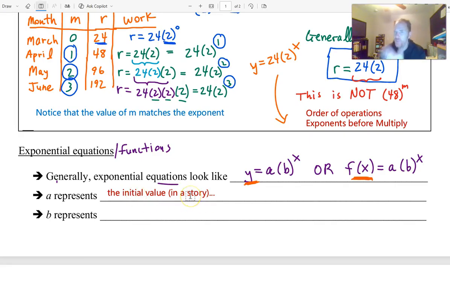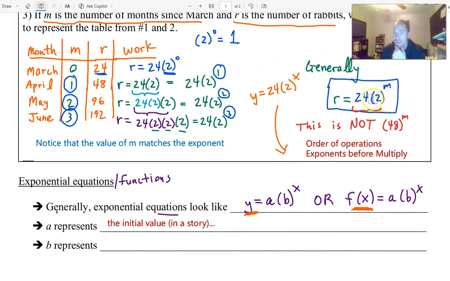That'd be if you have a story, and that's what we had for our story with the rabbits. We were starting with 24 rabbits, and it was 24 for A, 24 times 2 to the power of x. That's not a coincidence that we had 24 as that first number. A is the first number typically in the equation. We had 24. That's what we started with.